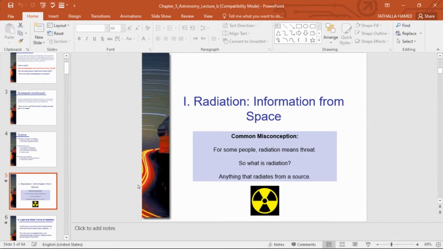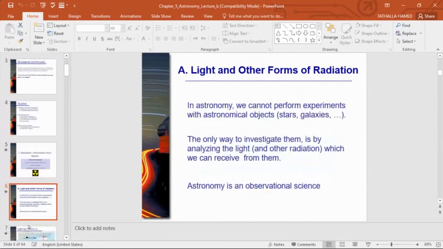Anything that radiates, basically it radiates energy. So even yourself, as you are sitting, you're basically radiating infrared radiation. And we'll talk about all these different types of radiation. So light is a form of radiation.